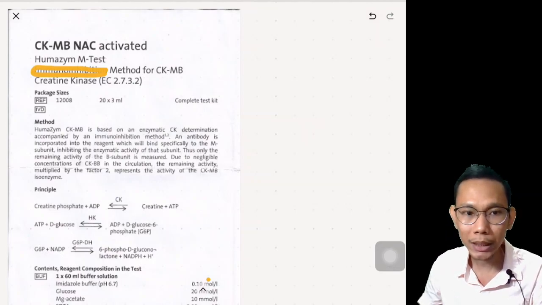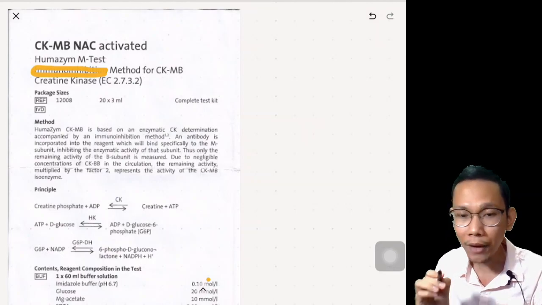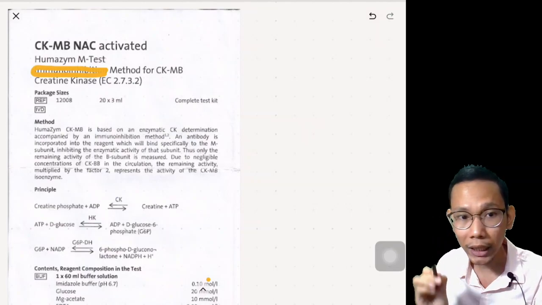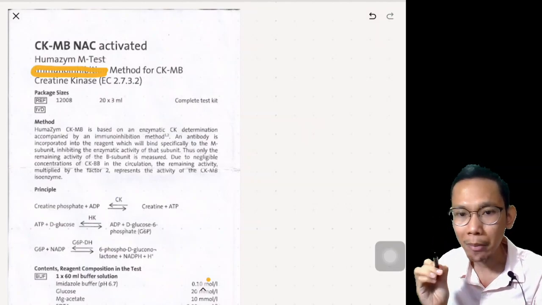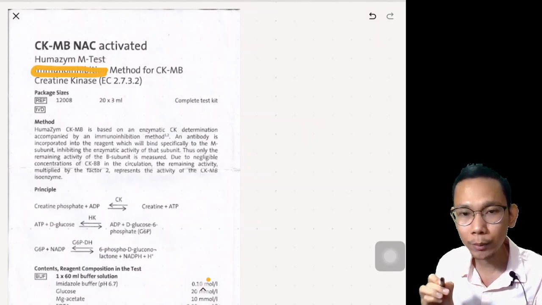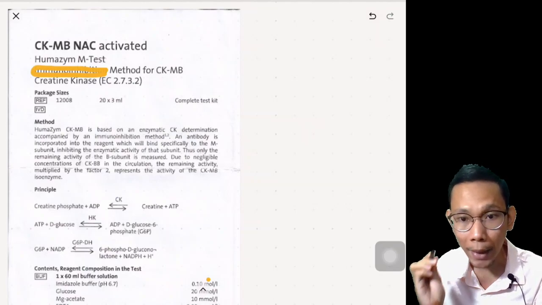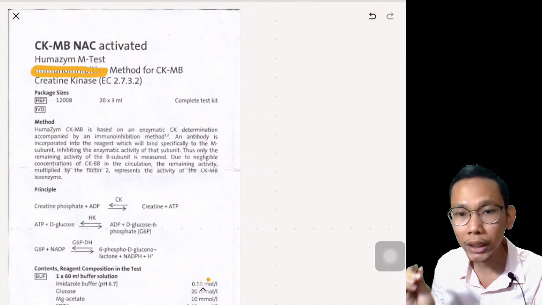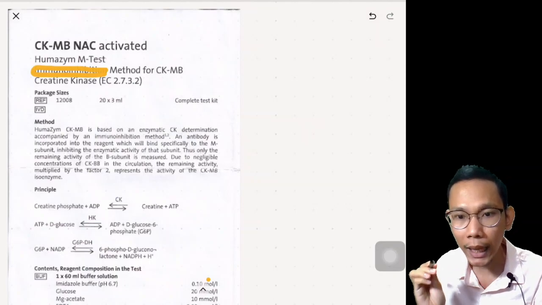So anong ibig sabihin nito? Simple lang. We have an IgM, we have an immunoglobulin that will inhibit your M subunit. Remember that your CK has 2 subunits. We have your CKMM, CKMB, CKBB. Pero sa test na to, ini-inhibit natin ang M. So ano ang na-detect is your CKBB.